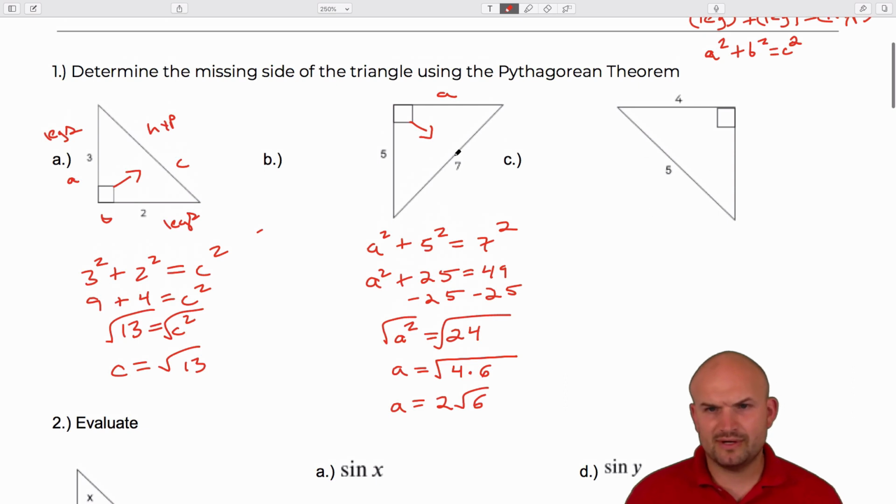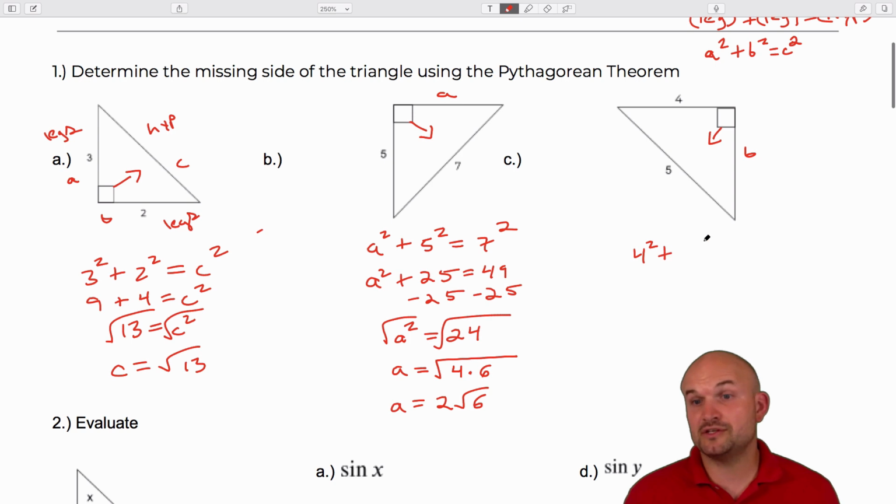All right, the last one here is, let's call this A, so let's call this B. Either way, guys, you know that that's a leg, so you're going to follow the same operation. So I'll have 4 squared plus my other leg, B squared, is equal to 5 squared. And 4 squared is 16, plus B squared is equal to 25.